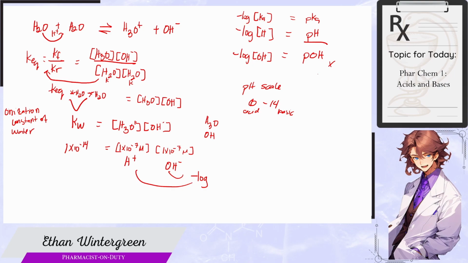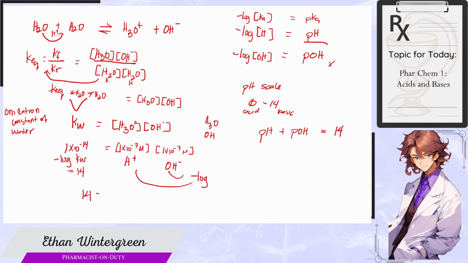So when a substance is more acidic, it has more hydrogen ions and it has a lower pH. If it has a lesser hydrogen ion concentration, it has a higher pH, meaning it is more basic. Okay? Now, another interesting thing is whenever you add pH and pOH, it always ends up with 14, because if you apply negative log to Kw, it is 14.